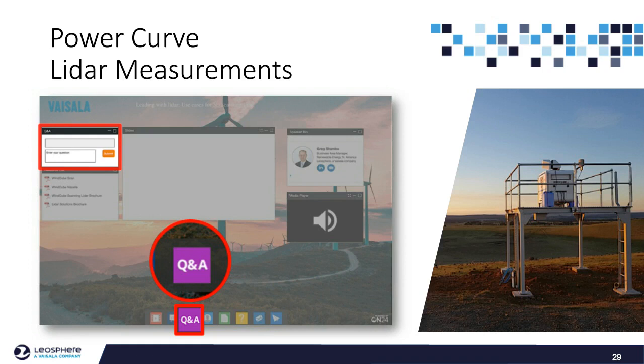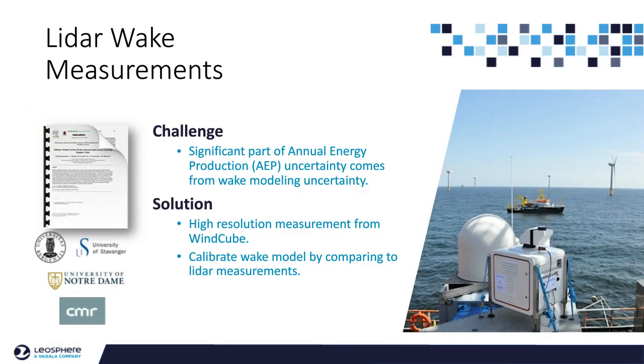Okay, great. Well, let's move on to the LiDAR wake measurements. Yes, so for LiDAR wake measurements, the main challenge is that a significant part of the annual energy production uncertainty comes from the uncertainty of the wake models. And this can be more challenging offshore since wind turbines' wakes will decay more slowly than onshore due to lower turbulence levels, which will require larger separation distance between the turbines.